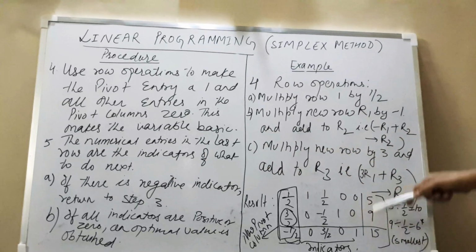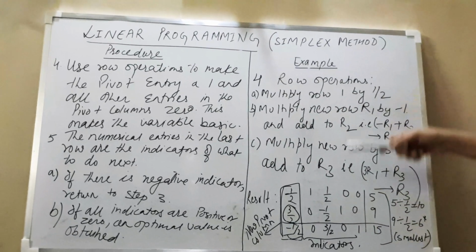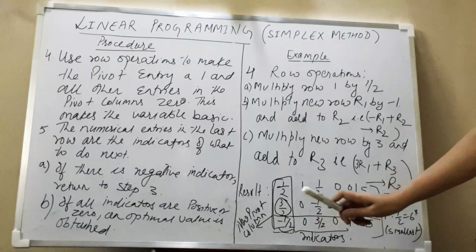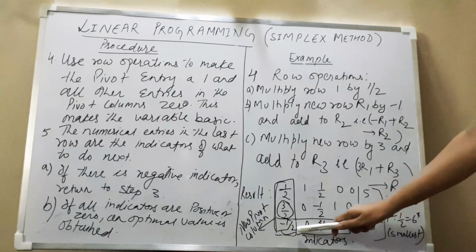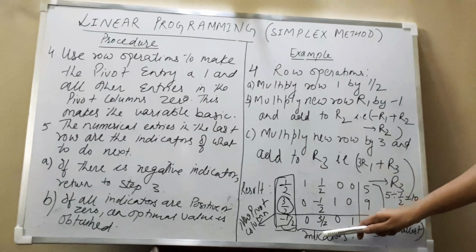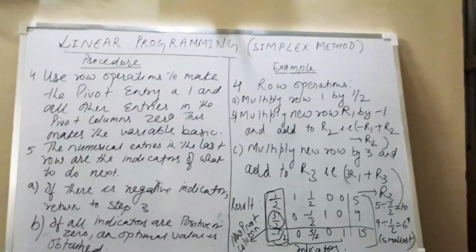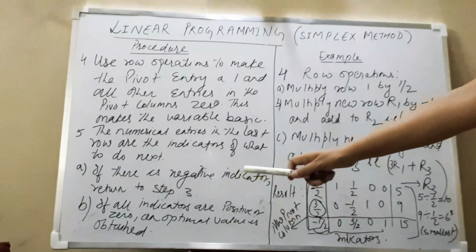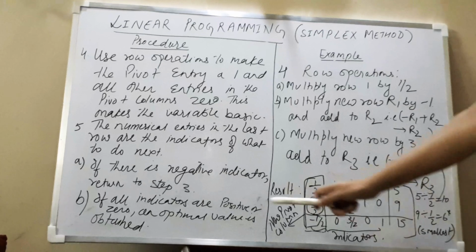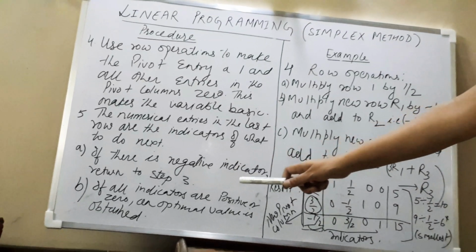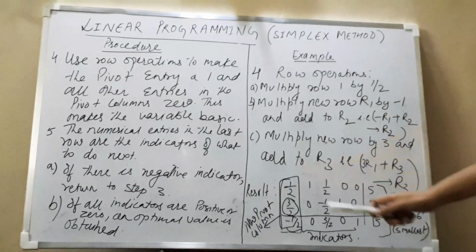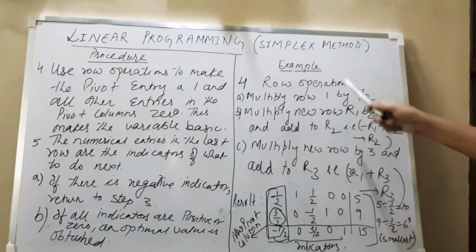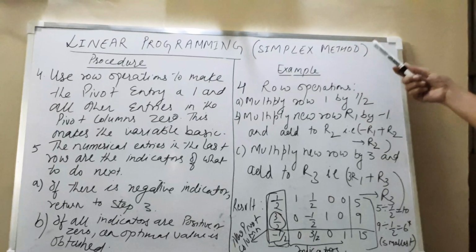We have to again do the row operations till all the indicators are positive or 0, and only then will we stop. Otherwise we will go back to step 3 and step 4.